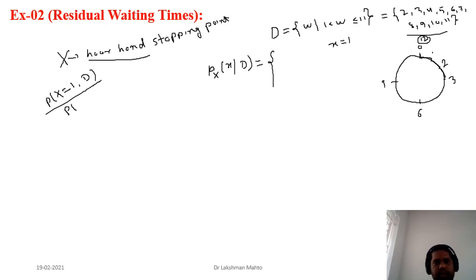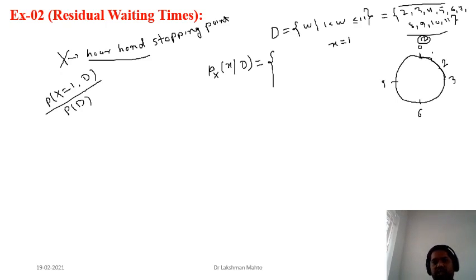What would be this? Who would calculate this? This ratio: the probability that x equal to 1 and d, this joint probability, divided by the probability of d. Don't go to calculate the probability of d and then this joint probability. Actually, you have the information of d. D you have already seen. That means you have seen this minute.